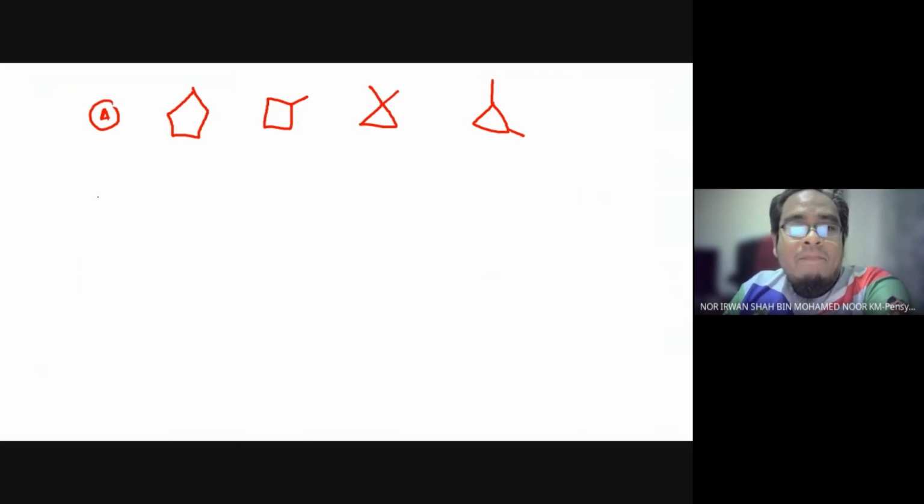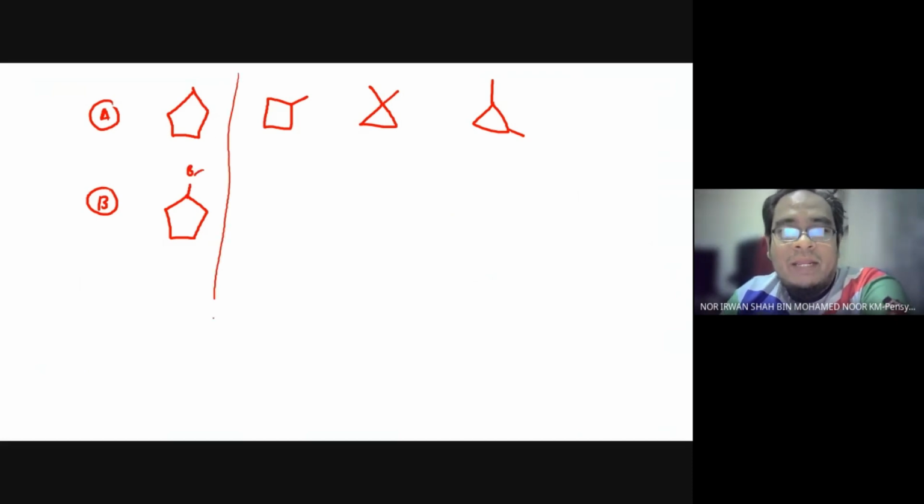Right. And then B, apakah B? So B adalah cyclohaloalkane. Contohnya, kalau kita menggunakan cyclopentane tadi, you akan dapat bromocyclopentane. Tapi kalau let's say kita menggunakan methyl cyclobutane, kita dapat apa guys? You all akan dapat this compound.